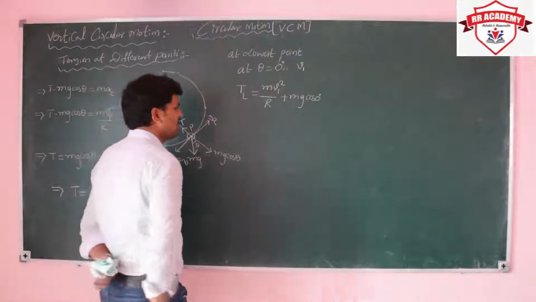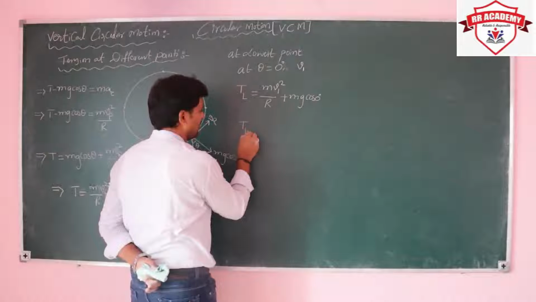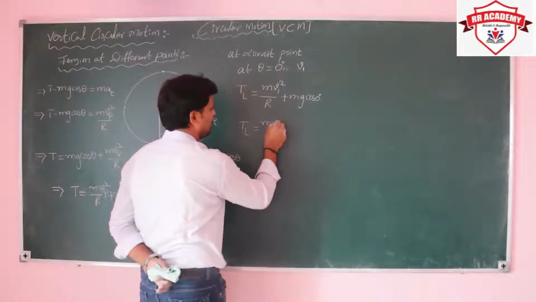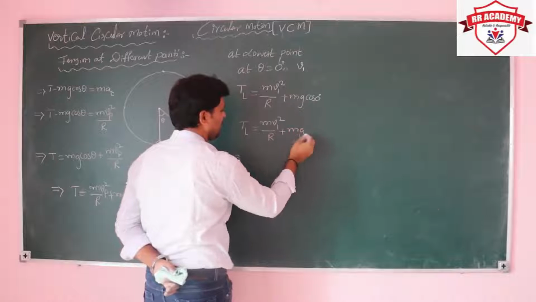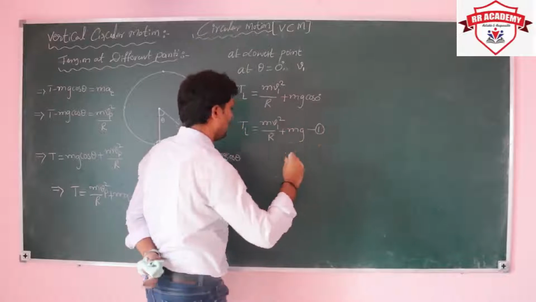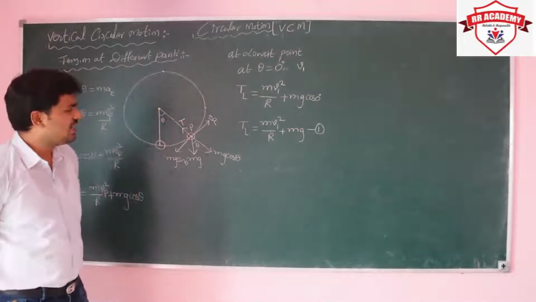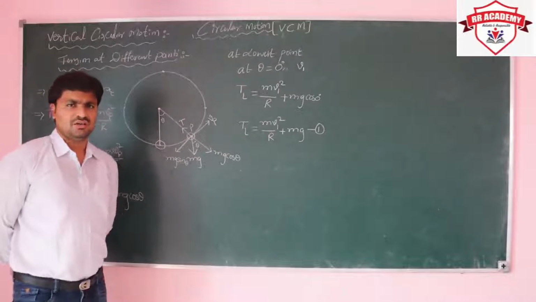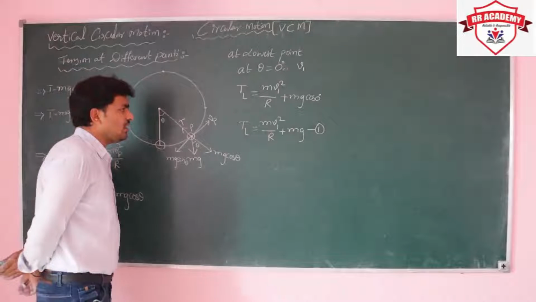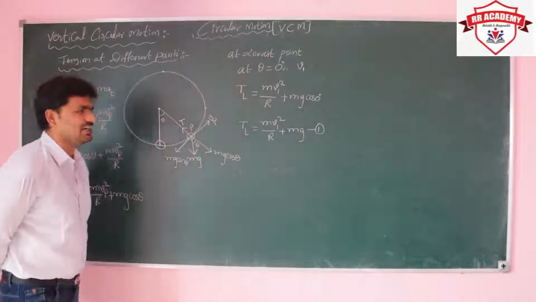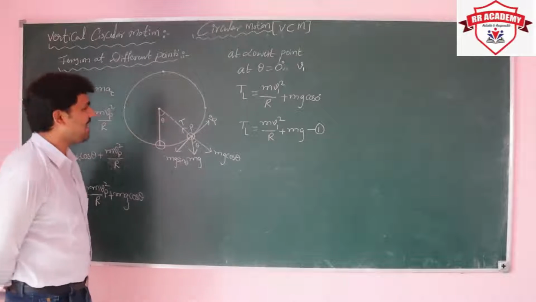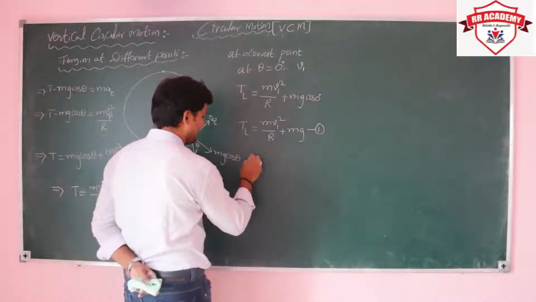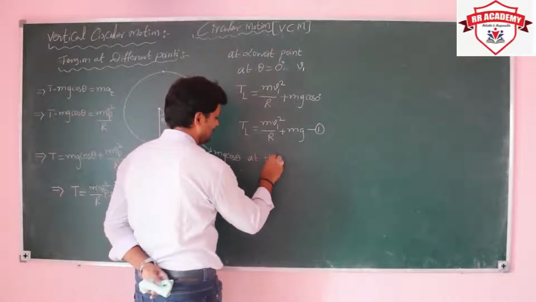So the tension at the lowest point is m v1 square by r plus mg. Take it as equation 1. And now calculate tension at any point. At which point do you want? You can calculate at any point. I want at horizontal again, so you can take at horizontal.